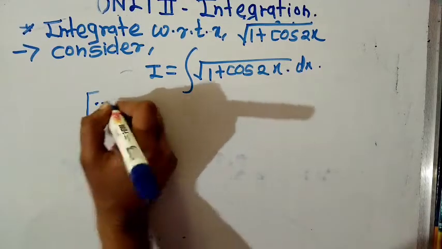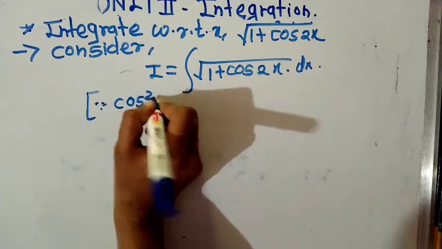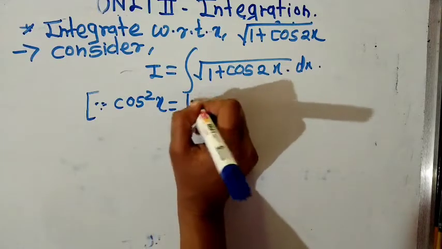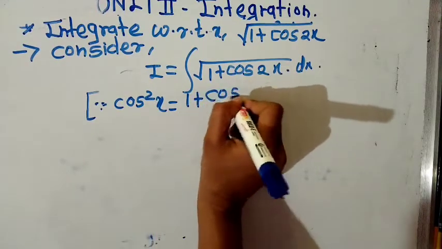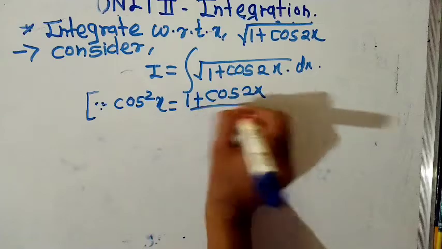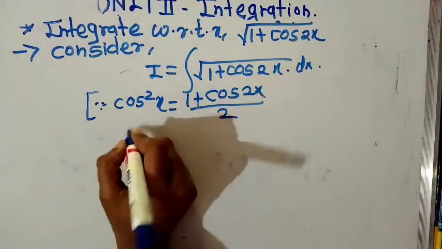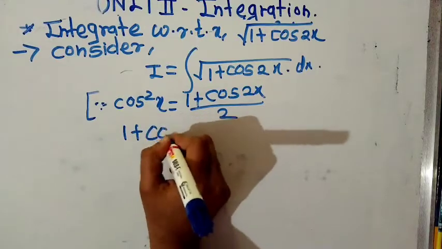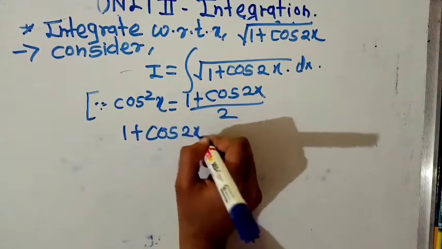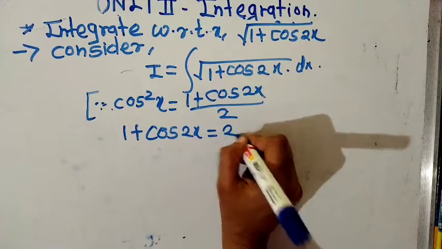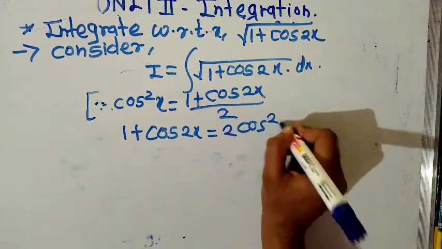But we know that cos square x is equal to 1 plus cos 2x upon 2, and so 1 plus cos 2x is equal to 2 into cos square x.